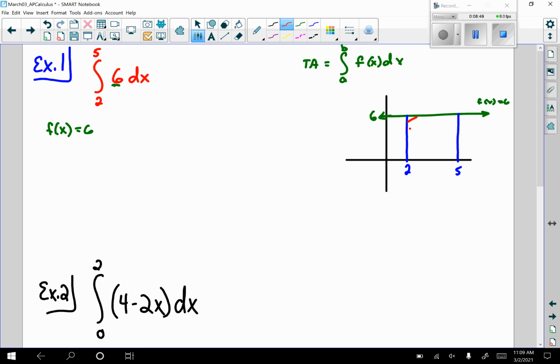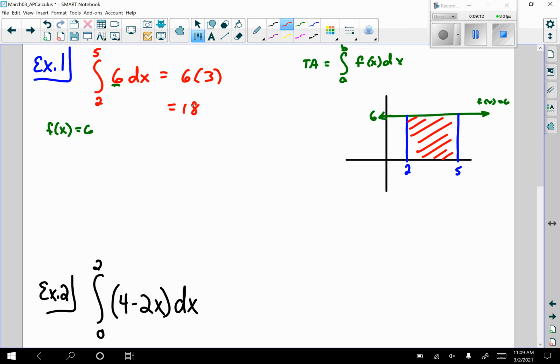And then I want to find the area here. Well, we created a nice geometric figure, so we can turn this into just an area formula. So this is the same as just the length times the width here. So from 2 to 5, that's going to be a length of 3. And then our height is 6. So we're really getting 6 times 3, which is 18.